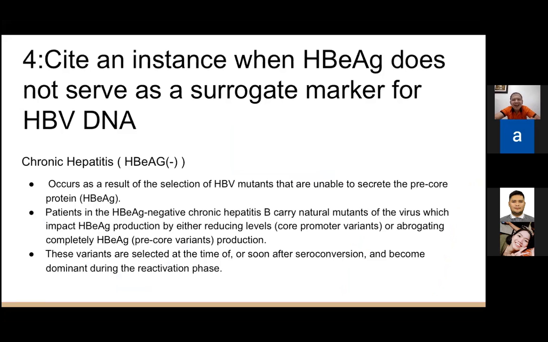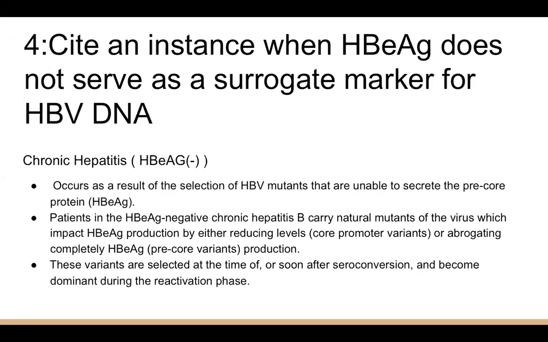Cite an instance when HBeAg does not serve as a surrogate marker for HBV DNA. In chronic hepatitis, it occurs as a result of the selection of HBV mutants that are unable to secrete the precore protein, which is HBeAg.